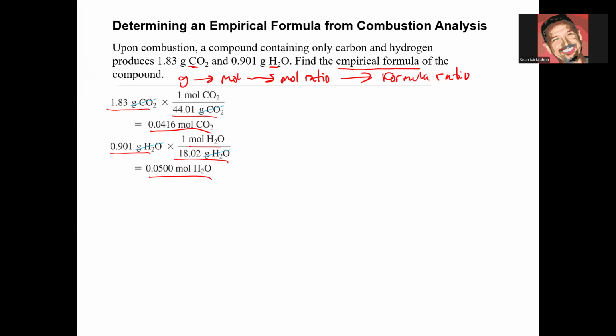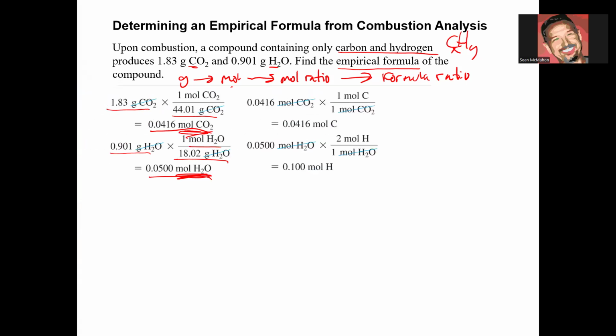So now that gives me moles of H2O. But again, to get the empirical formula of a compound of carbon and hydrogen, for me to figure out the X and the Y in this combustion analysis problem for the empirical formula for this hydrocarbon, I can't leave it in moles of H2O, and I can't leave it in moles of CO2. What can I do? Convert the moles into the moles of the element.